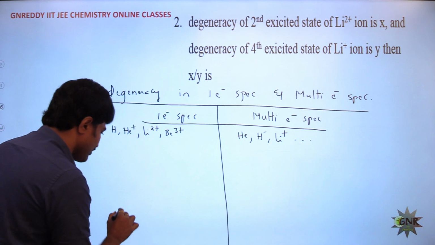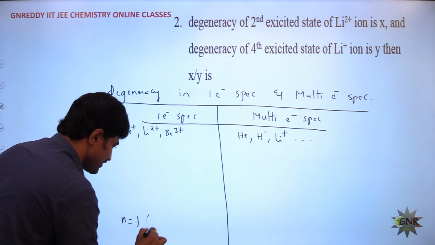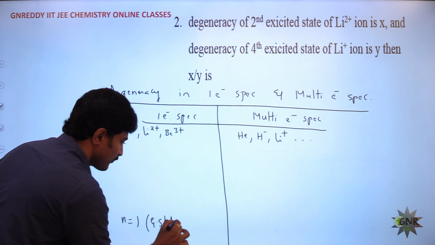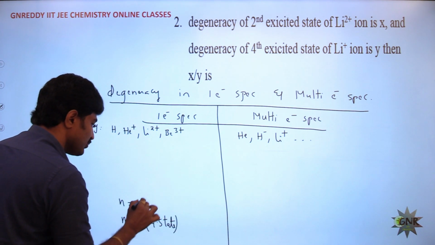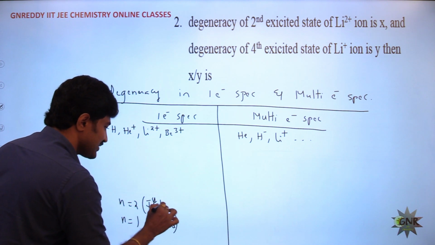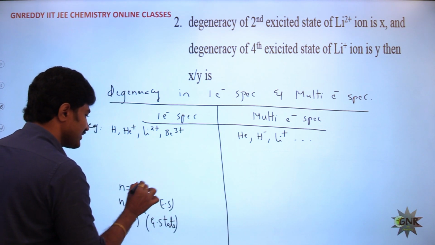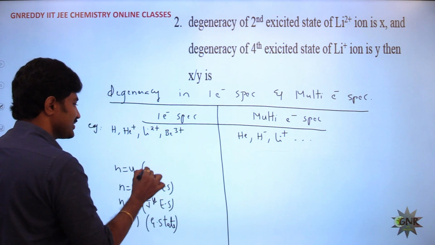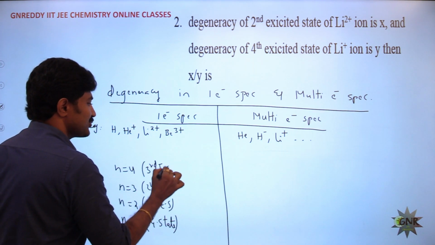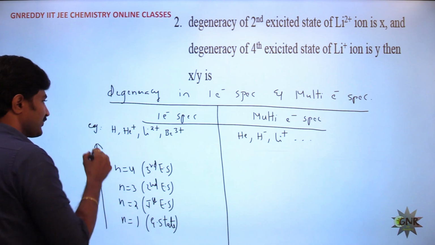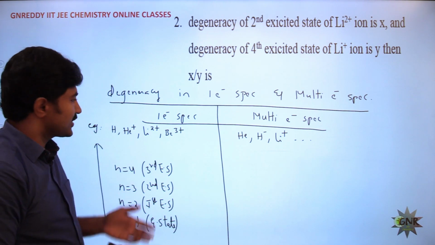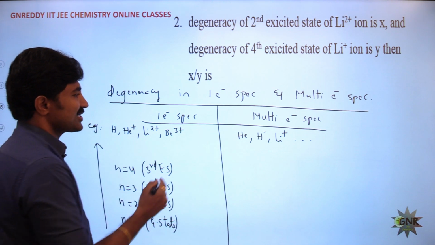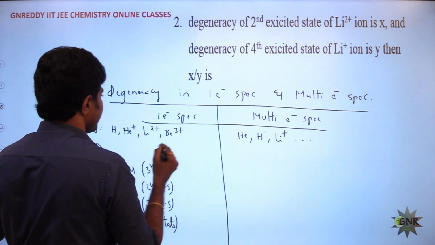If you take n equal to 1, this is the ground state. n equal to 2 is the first excited state. n equal to 3 is the second excited state. n equal to 4 is the third excited state. Like this, you can take different states in a one-electron species. So what is the corresponding degeneracy?